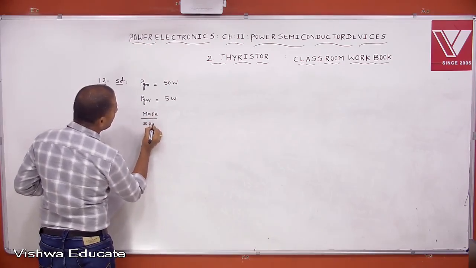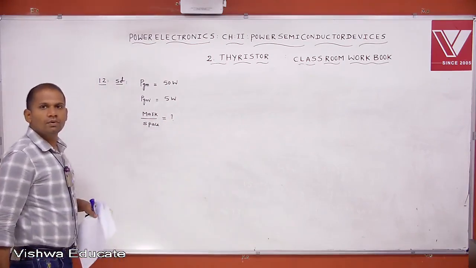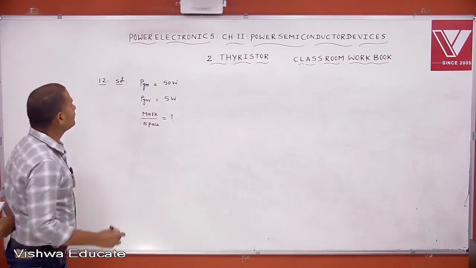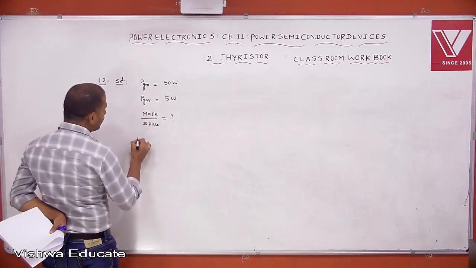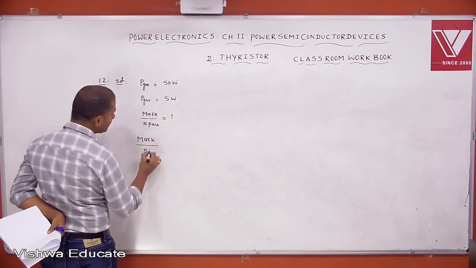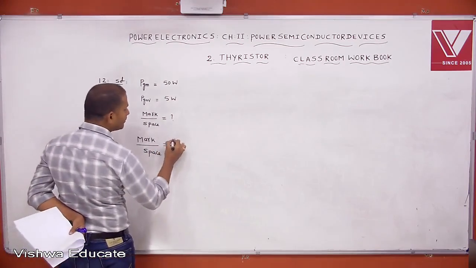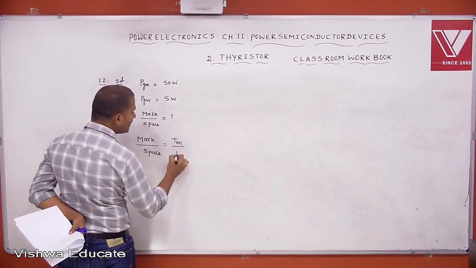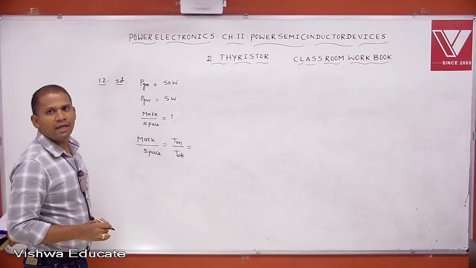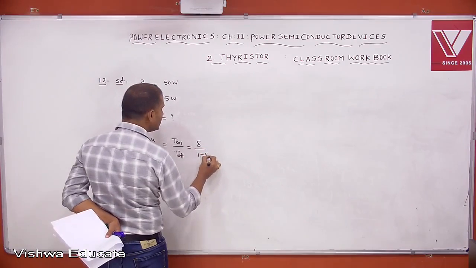Calculate the mark to space ratio. How to calculate it? We know that the mark to space ratio is nothing but mark by space. Mark is nothing but the on time. Space is nothing but the off time. This formula is given: on time by off time is defined as delta by 1 minus delta.